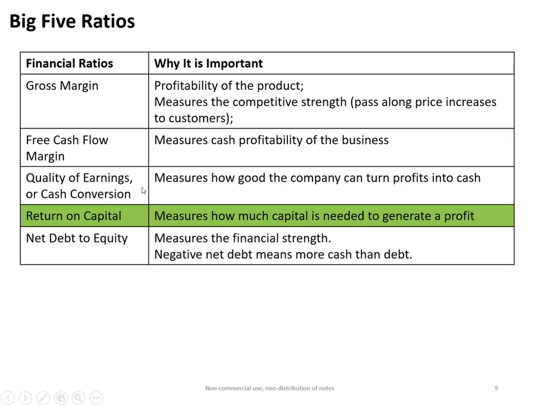I also look at the quality of earnings. I look at the return on capital. I look at the net debt, because net debt to equity measures the financial strength. Negative net debt means the company has more cash than debt. So I prefer to have negative net debt businesses as my investment. So with that, I will end my presentation.